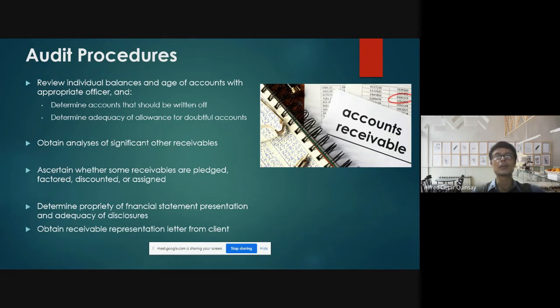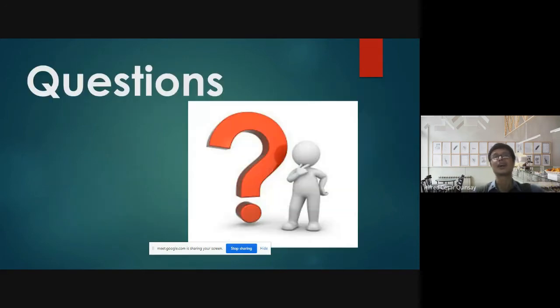And obtain a receivable confirmation letter from the client's customers. Because it's a third party, it is not biased for the company, so most likely it will say what it knows.